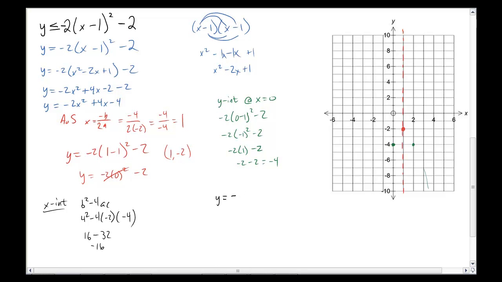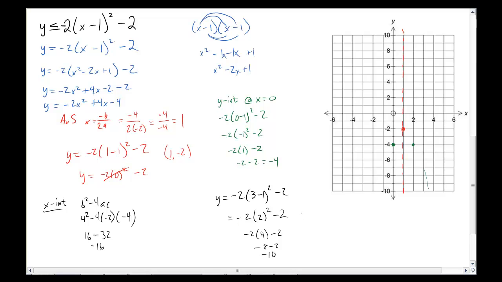Y equals negative 2 times (3 minus 1) squared minus 2. That will give me negative 2 times 2 squared minus 2, and then, well, I guess it would be 2 squared first, so negative 2 times 4 minus 2, so negative 8 minus 2, which is negative 10.